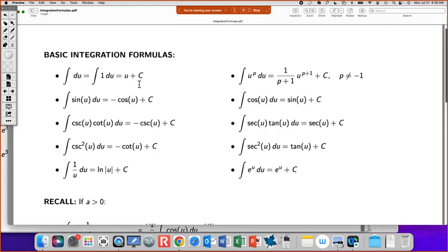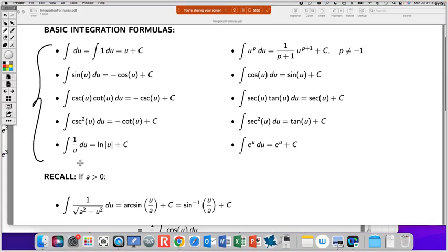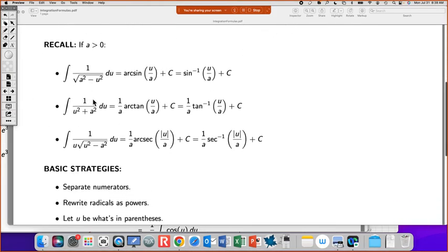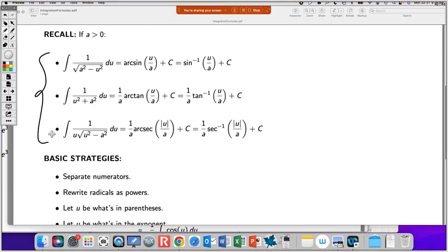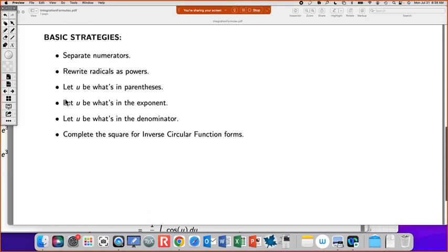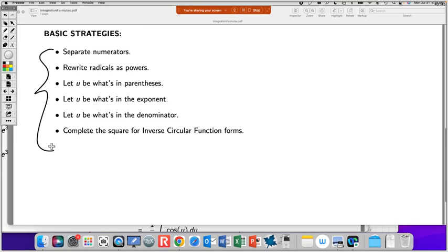Was this handout? So this has the basic integration formulas. It's got your exponential and log on there now. And then you've got the inverse trig stuff. And you got your basic strategies. So this is what we've kind of developed here, this course.